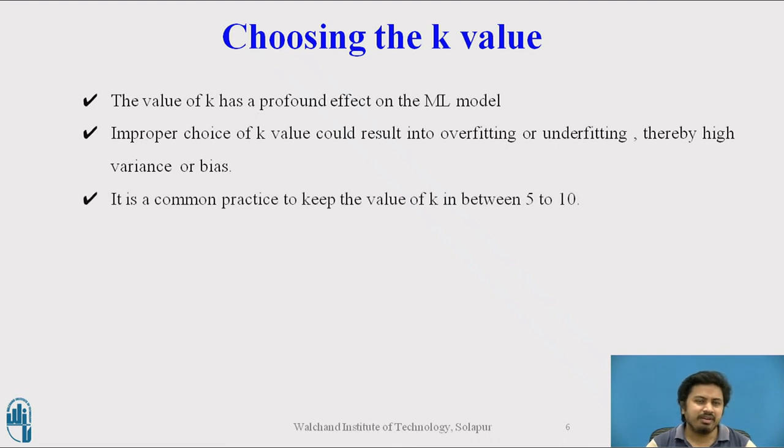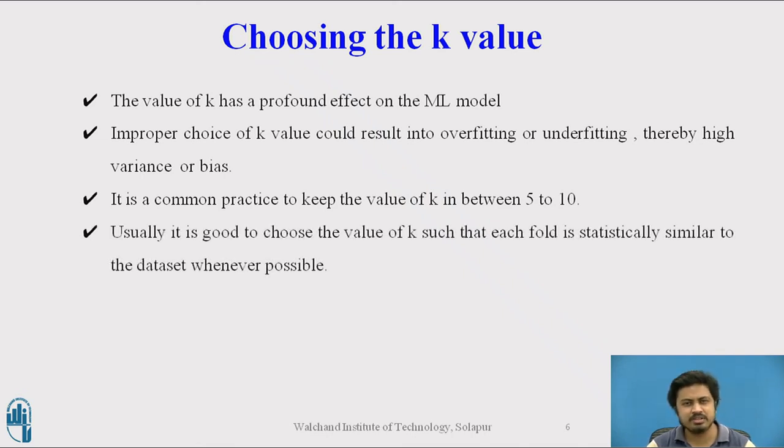It is a very common practice to keep the value of k between 5 and 10. As I said, it is just a common practice, but considering practical choice, it is usually good to choose a value of k such that each fold is statistically similar to the data set whenever possible. So that's where the shuffling comes into the picture.